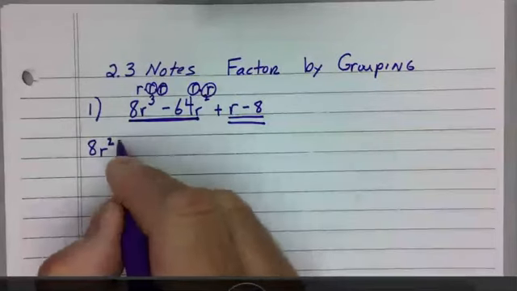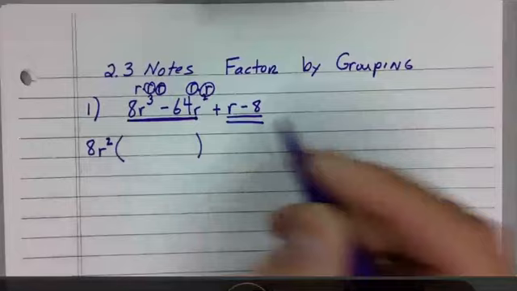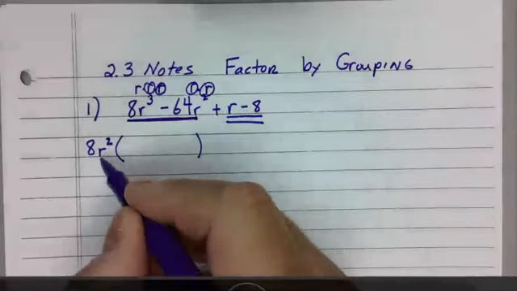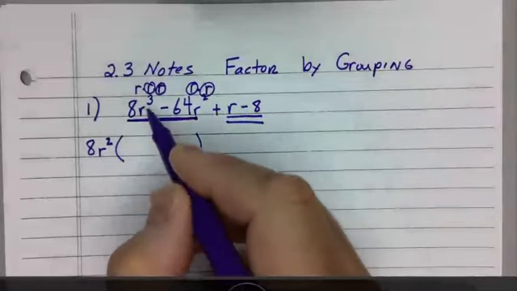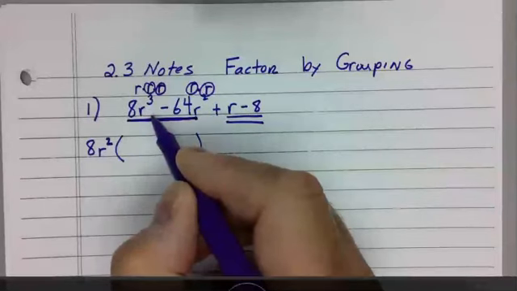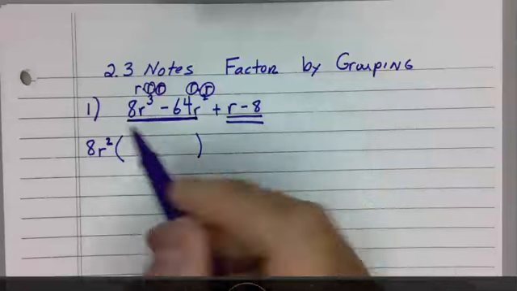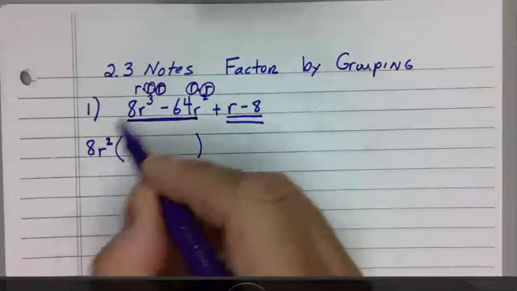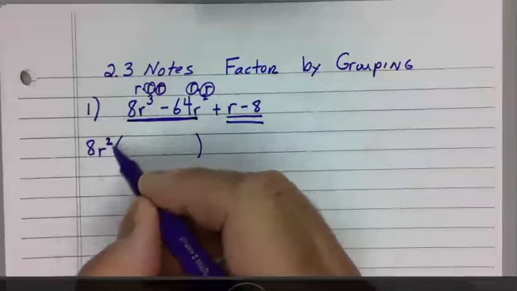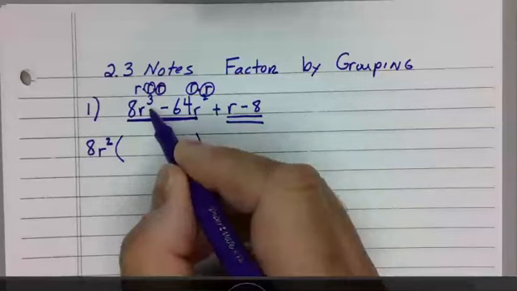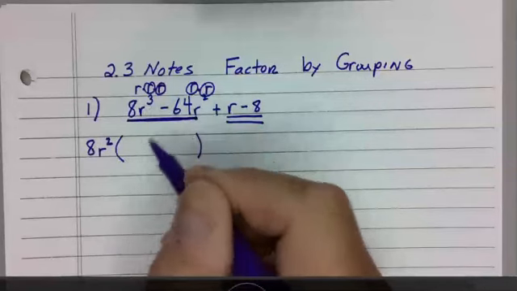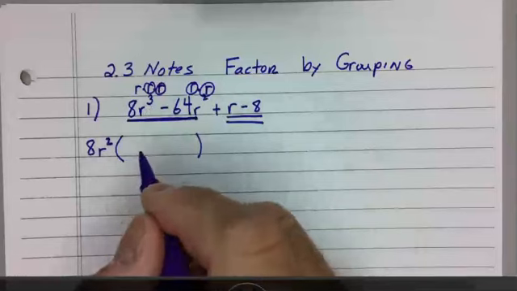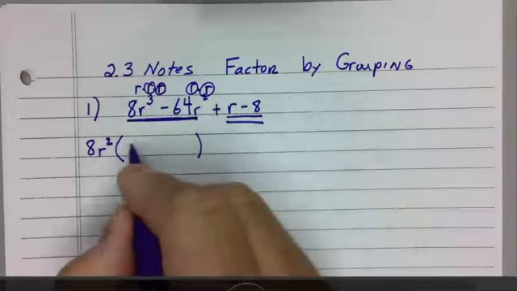And what do we multiply times 8r squared to get 8r cubed? Well, you're going to multiply times 1 to get 8, correct? What do you multiply times r squared to get r cubed? You add exponents, so it'd be r, correct?